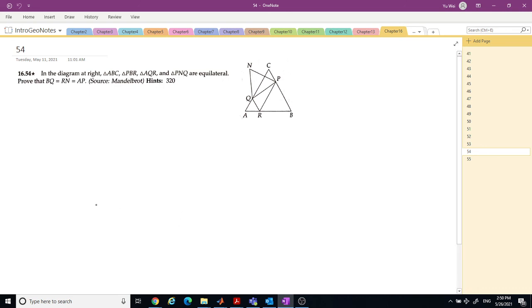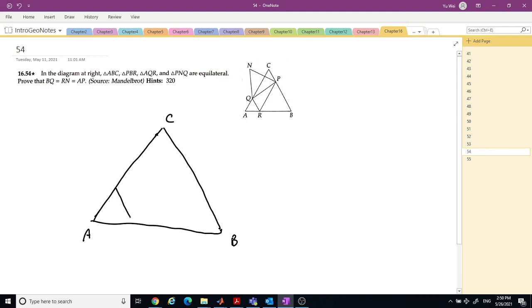We have the triangle ABC, and the triangle QAR, and RPB, and PNQ.